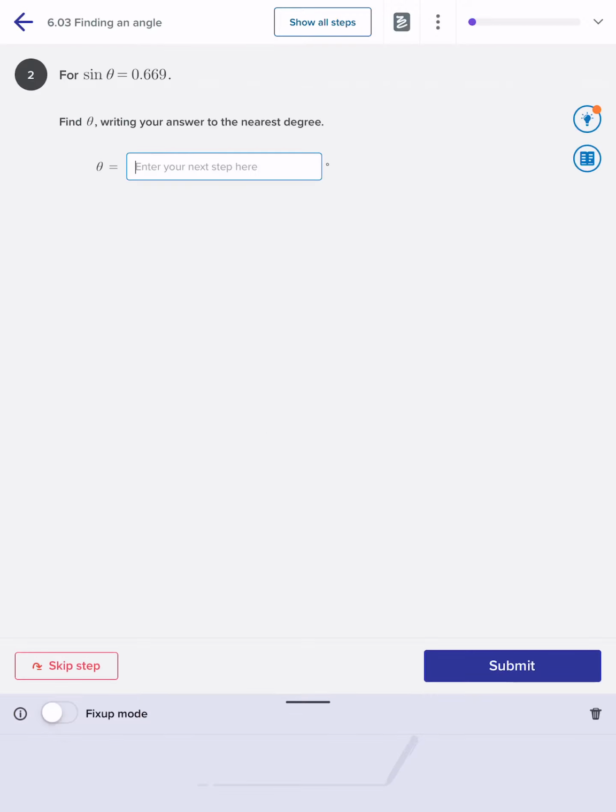Continue. So here we have sine theta equals 0.669. Find theta, writing your answer to the nearest degree.